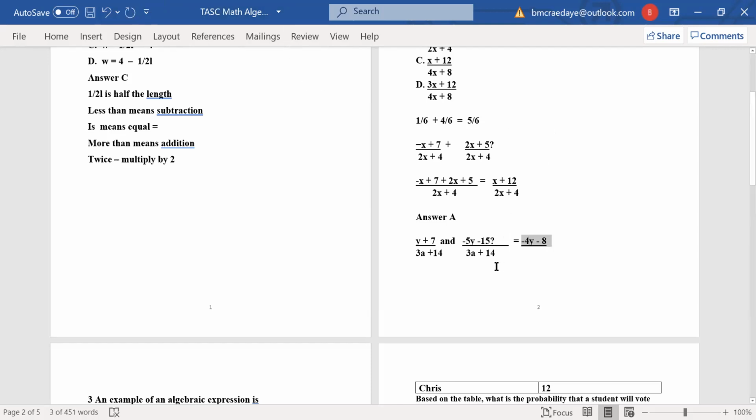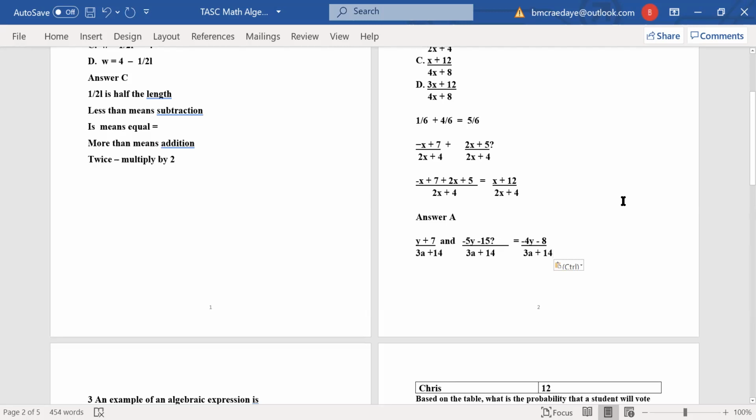So we put this over our 3a plus 14, right? That's the answer.